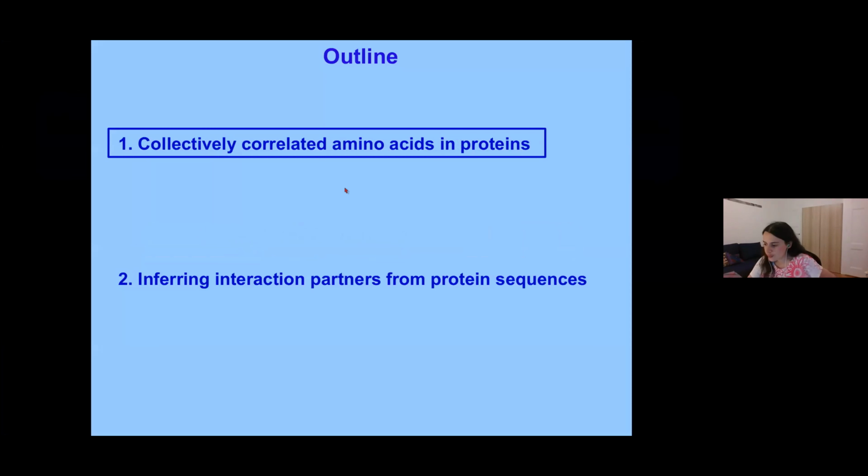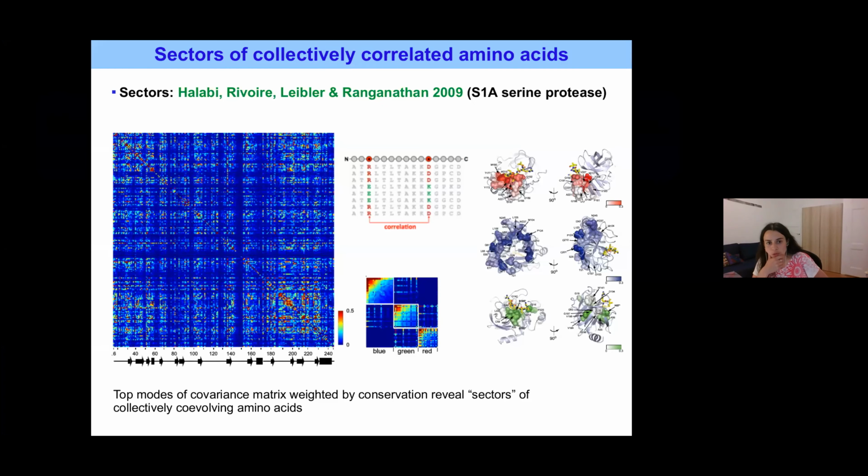All right, so my first part is going to be about collectively correlated amino acids in proteins. They were introduced in this paper and called sectors. The idea is that you start from a multiple sequence alignment of proteins that all have the same ancestor, fold into a similar structure, and have a similar function. And you build the covariance matrix of this alignment of proteins. Here you can see in color this covariance matrix, reweighted by conservation.